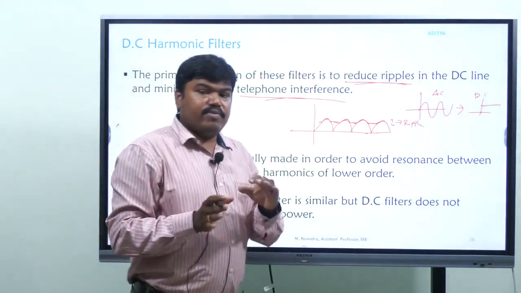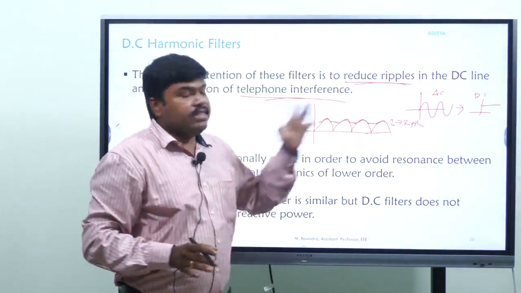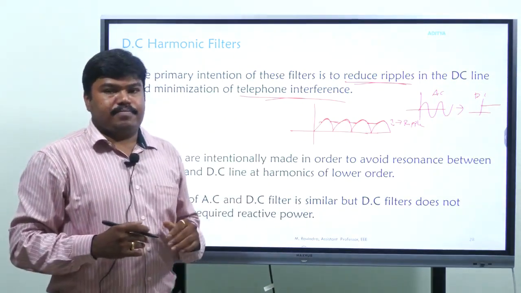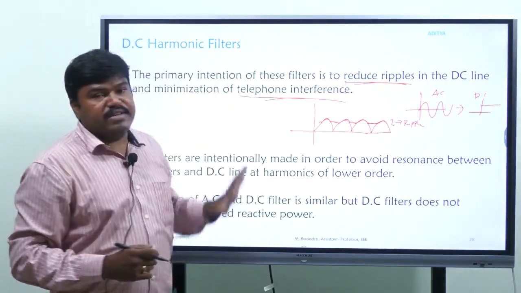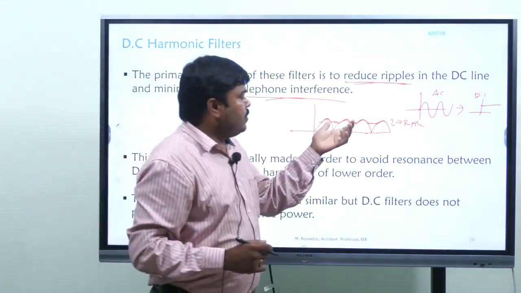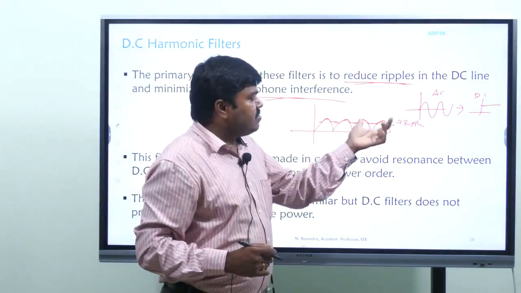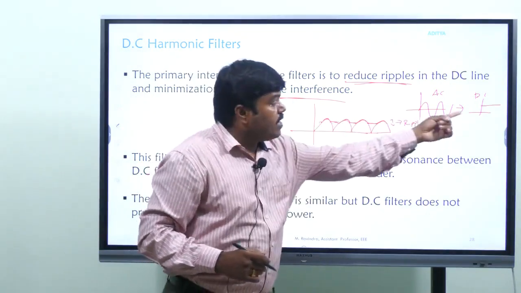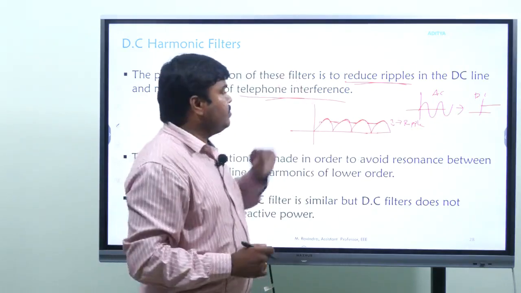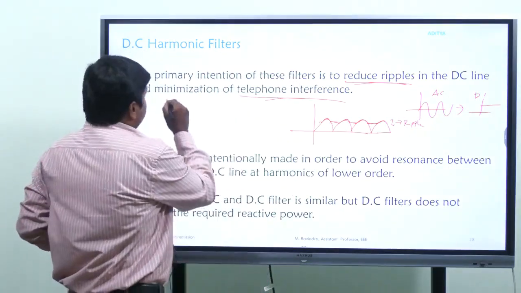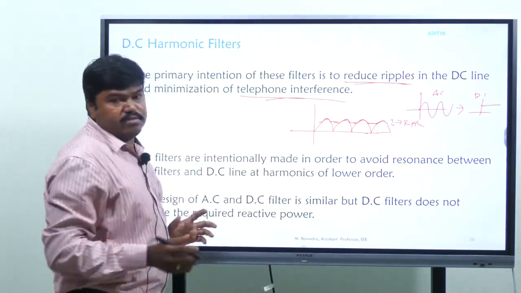Combined, the DC harmonic filters and smoothing reactors can eliminate these ripples. This is the main purpose of using DC harmonic filters: to eliminate the ripple content so that we can obtain exact DC voltage or DC current, and to minimize telephone interference.